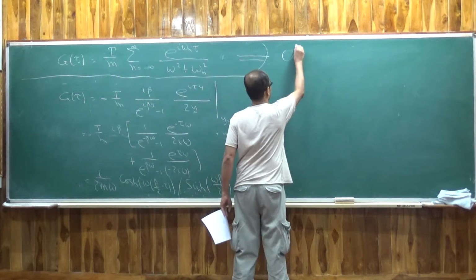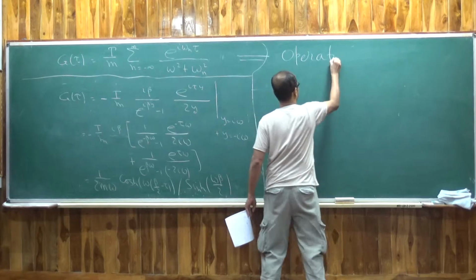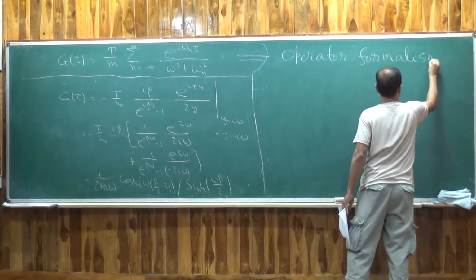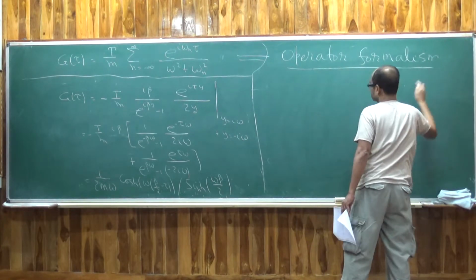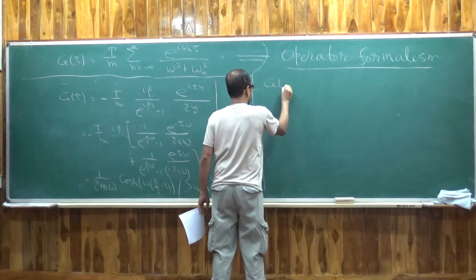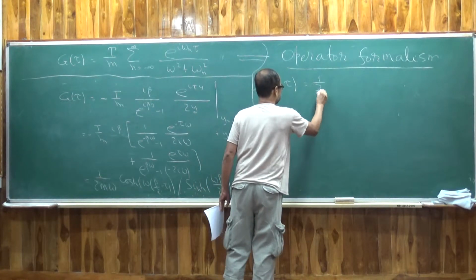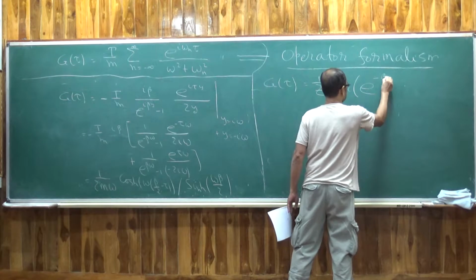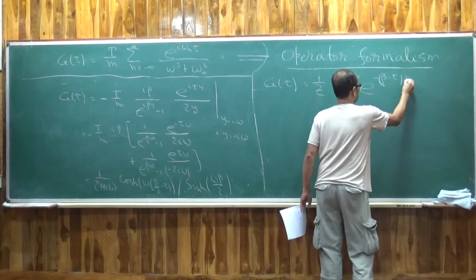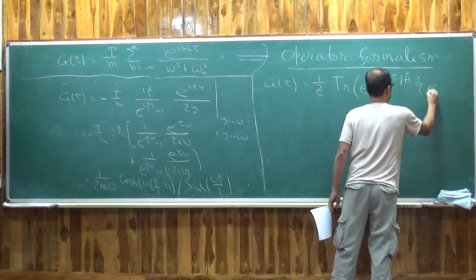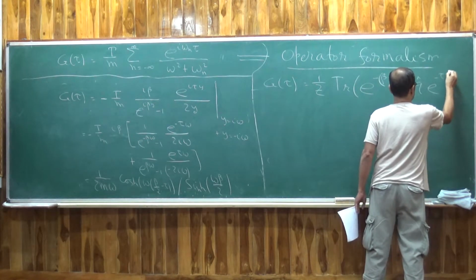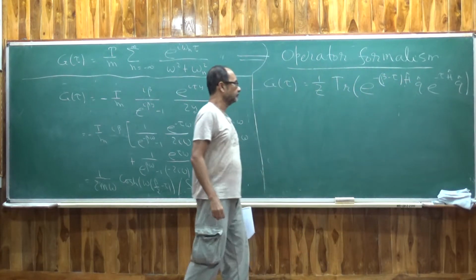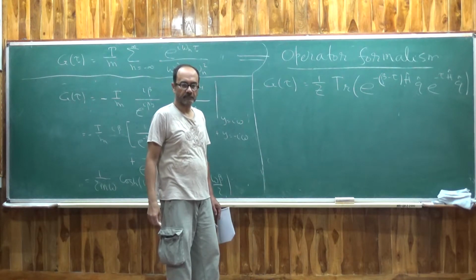So operator formalism. In the operator formalism, G of τ is 1 over Z trace of e to the power minus (β minus τ) Ĥ q̂ e to the minus τ Ĥ q̂.